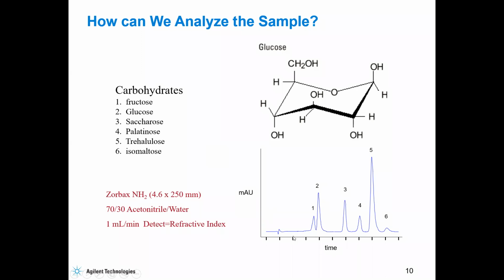So when I inject my sample, for example, and I only see a peak at this retention time, I'll compare with that of my standard and say, oh, it's only sucrose that is in my sample. If I inject and I only see peaks at 1 and 6 retention time, I will know that it's only fructose and isomaltose that are there. But for you to be able to know your unknown, you have to first inject a known standard.